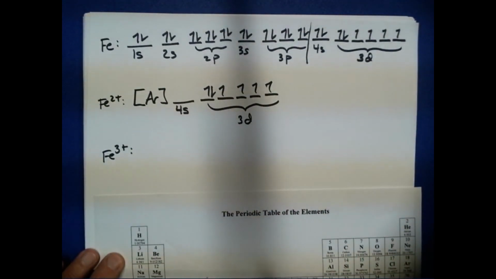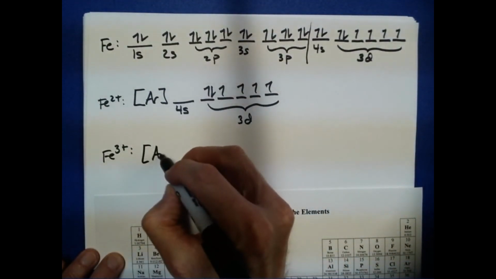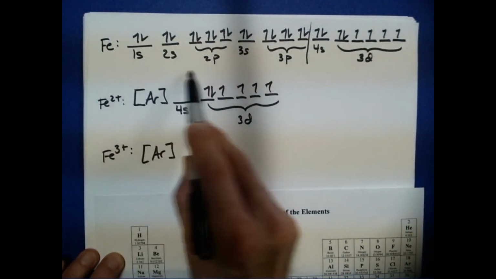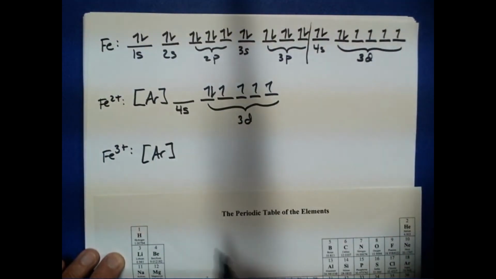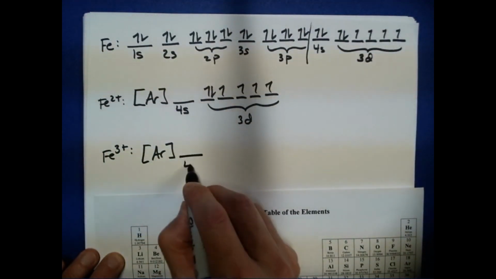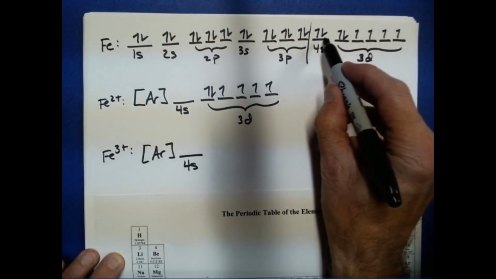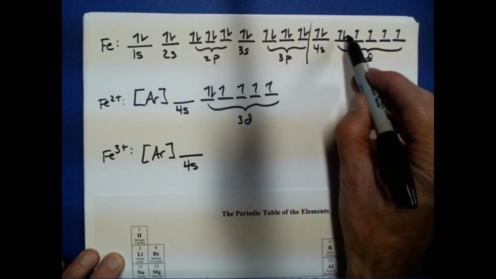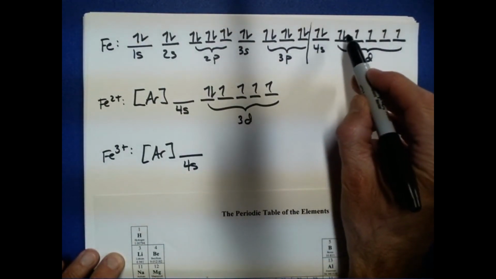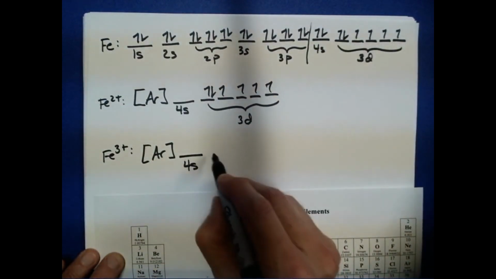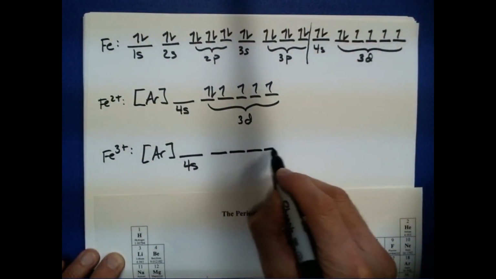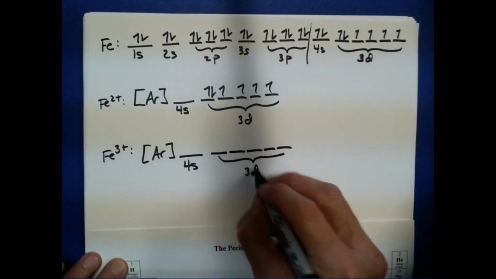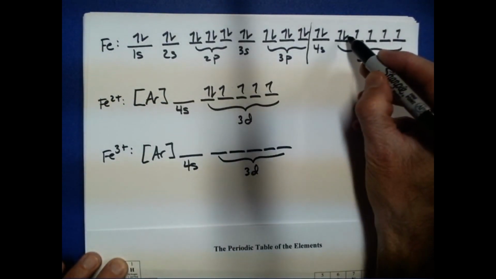Now if we want to do iron 3+, of course we're just going to write the nearest noble gas in brackets. That represents all these electrons here. And then I'll write my 4s just to remind me that I've taken 2 out. And now I'm going to remove this electron here from the 3d, and that's going to give me a half-filled subshell. So we're going to put in the 3d, my 5 orbitals, and then this is the electron that I'm going to remove.